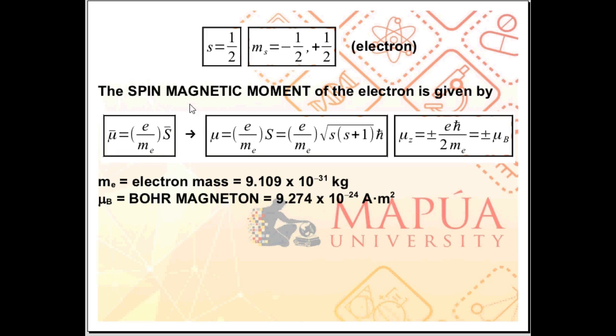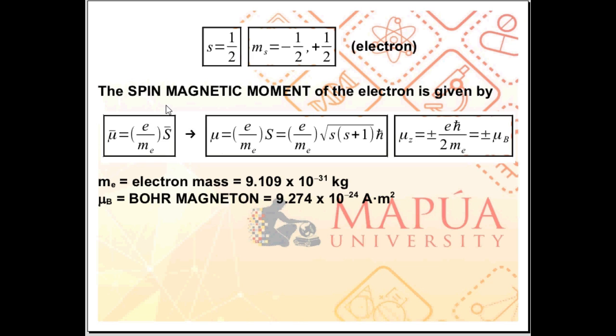The spin magnetic moment of the electron is given by the following equation. Mu is equal to e over me times S. This is a vector quantity since spin has direction. For instance, you have clockwise and counterclockwise direction. It is not necessarily applicable to our electron, but it just illustrates that spin has direction. So spin may be considered as a vector quantity.